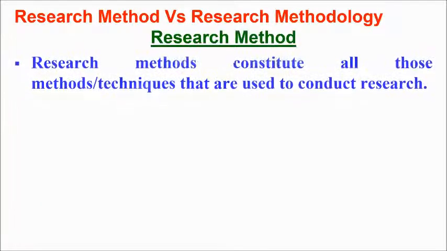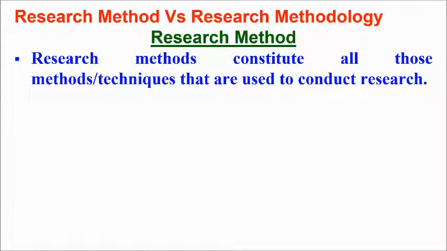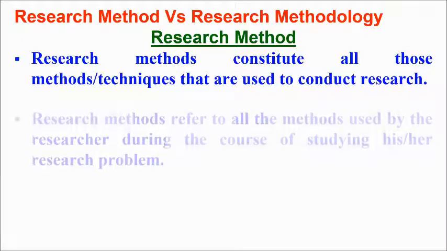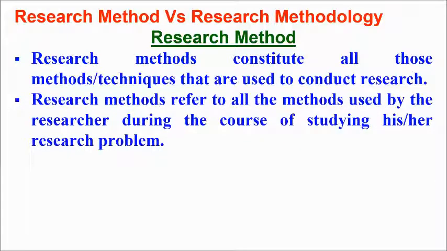Finally, we will have a discussion on research method and research methodology and distinguish one from the other. Research method constitutes all those methods, techniques that are used to conduct research. It refers to the methods used by the researcher during the course of studying his or her research problem.